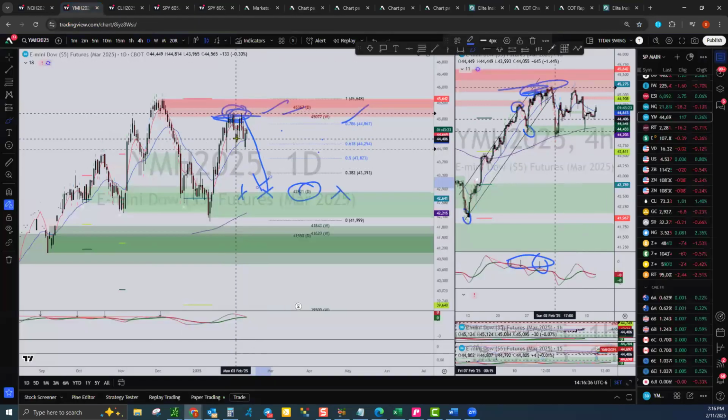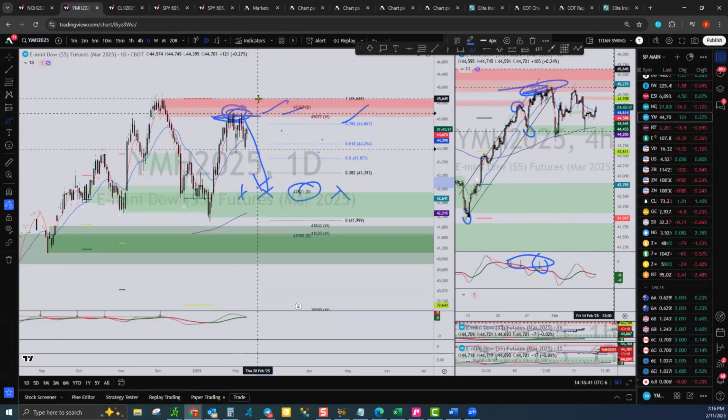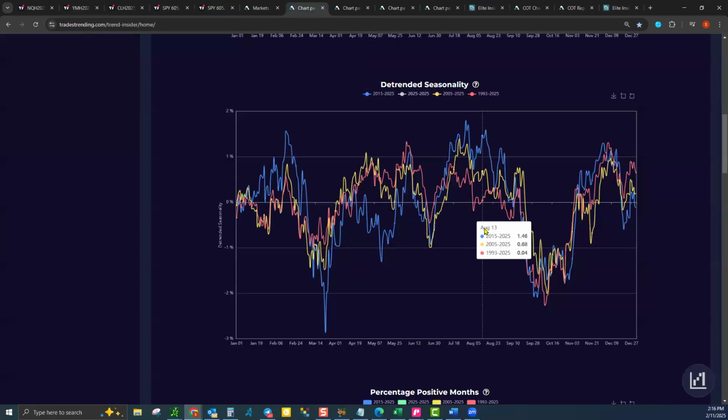This is my price component. So pushing into this level, if I only traded on that data alone, just pure price action, I would take that all day. But I also want to see, okay, where are we from a seasonal perspective? I'm focused only on trading the high odds peaks and troughs of any market.